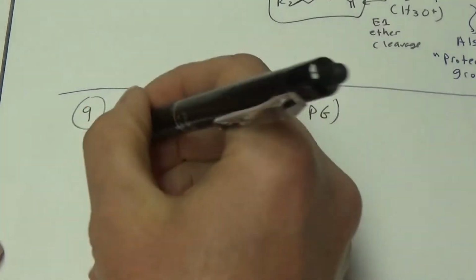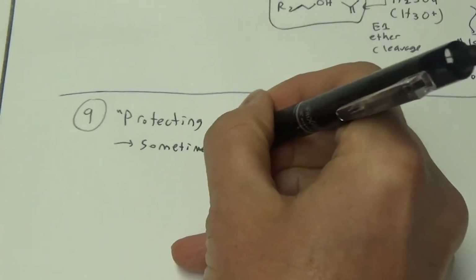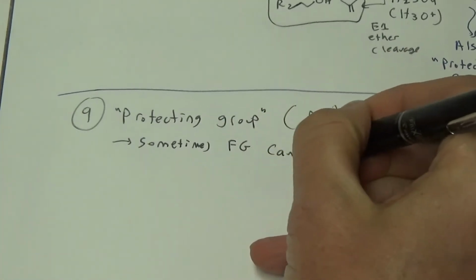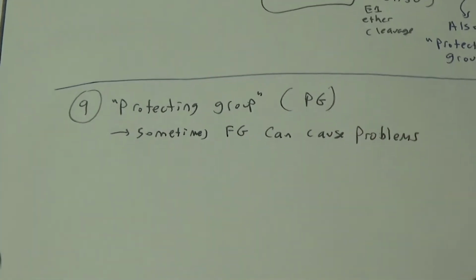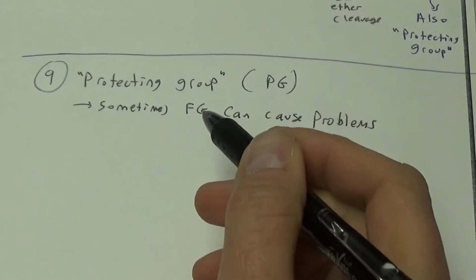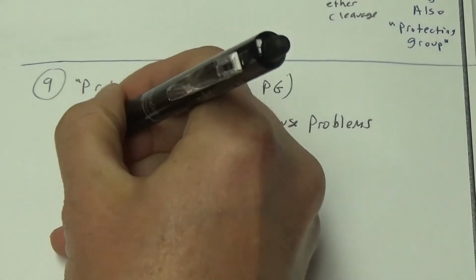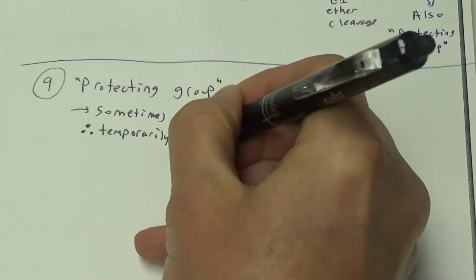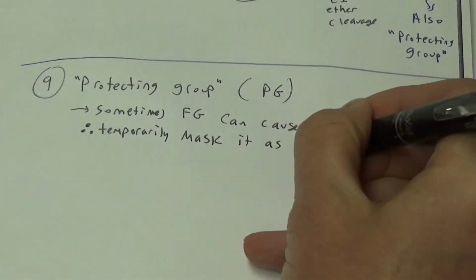So, we're going to say that sometimes a functional group, FG, can cause problems. If you're doing a multi-step synthesis, sometimes a functional group is problematic, and so therefore we sometimes will temporarily mask it as another functional group.